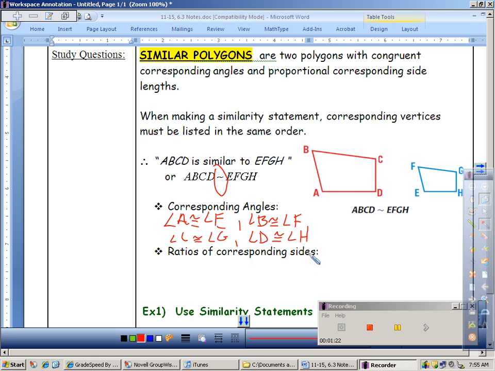And then the ratios of corresponding sides, again, I have segment AB over segment EF.